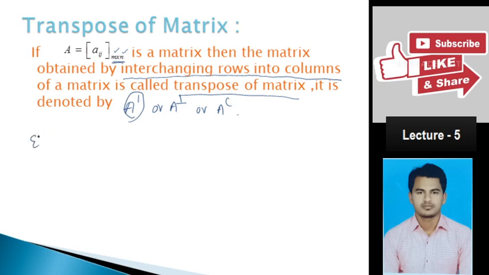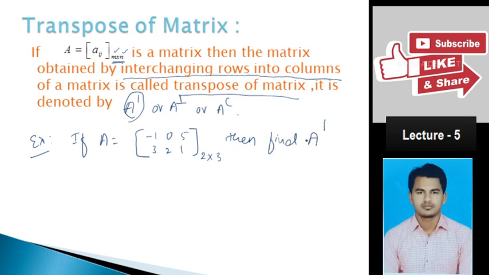Now for example, if A is equal to, I will take a matrix -1 0 5 3 2 1. Now it is two rows, how many columns? Three columns. Then find its transpose. It means what? The matrix contains two rows and three columns. What is the transpose of this matrix?